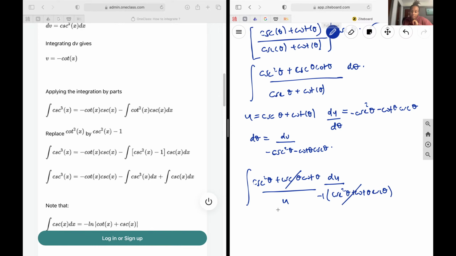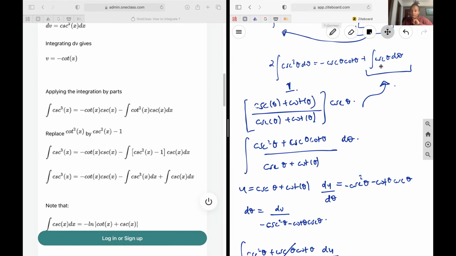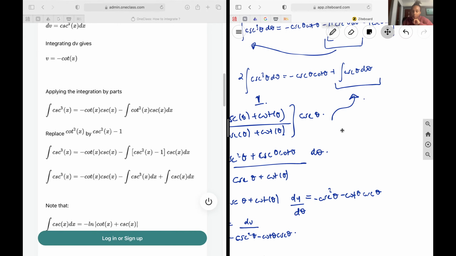So you see that these two will cancel, and we get negative the integral of du over u, which is going to be negative ln the magnitude of u. And then we just put back in what our u is. So this will be negative ln the magnitude of cosecant theta plus cotangent theta. And so this is not our final answer, it's what is going to end up here.